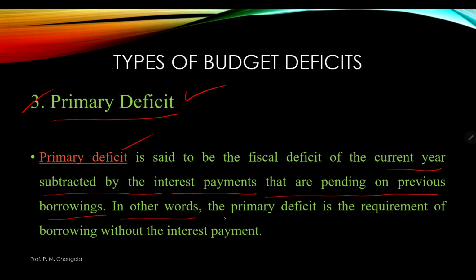In other words, the primary deficit is the requirement of borrowing without the interest payments.